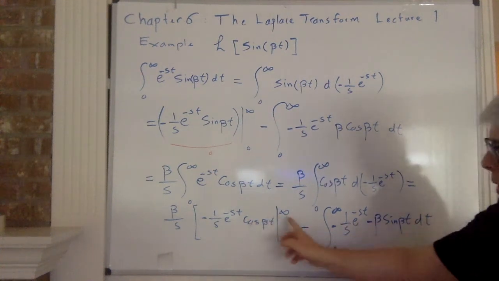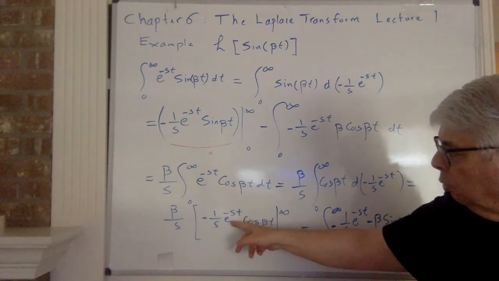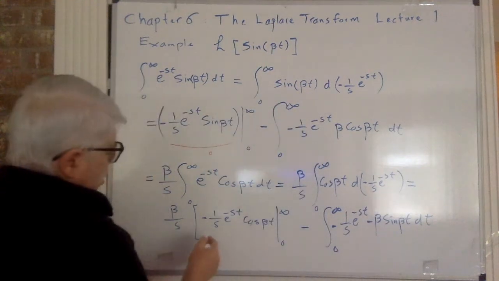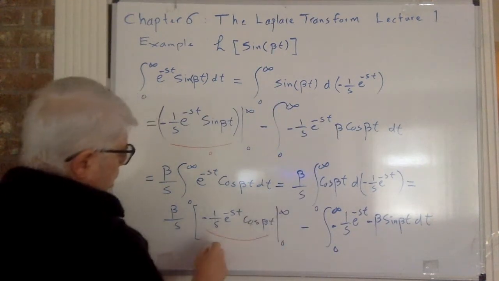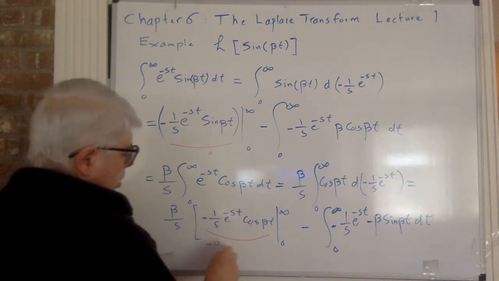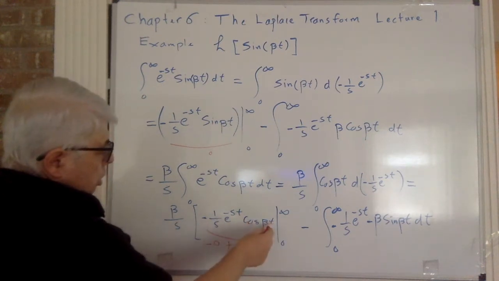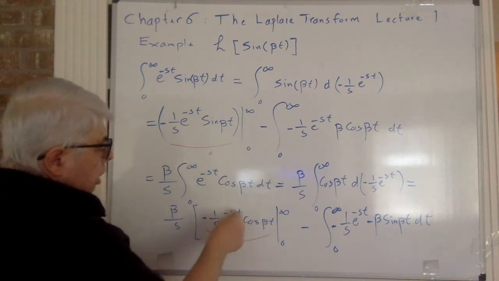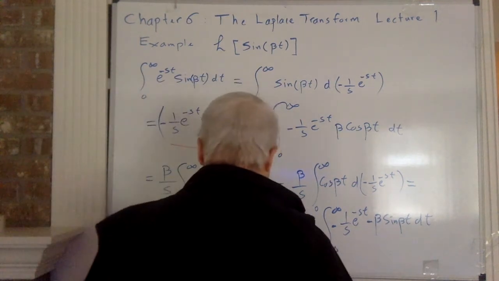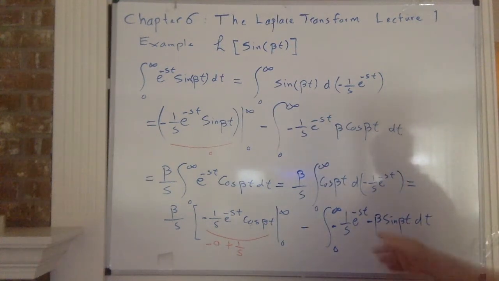And let's evaluate this thing. Infinity will give me 0 here, no matter what this one is. 0 will give me 1 over s. So this guy here is minus 0, then minus minus, that's plus, in fact. Plus, when I put 0 here, this cosine 0 is 1. E to the power 0 is also 1, so I will get 1 over s.